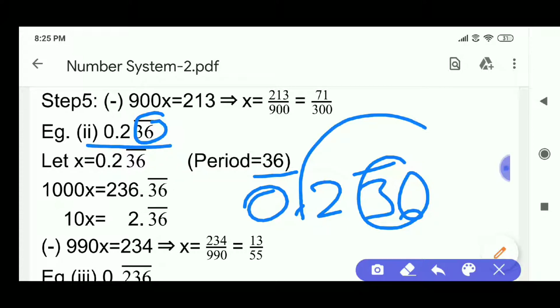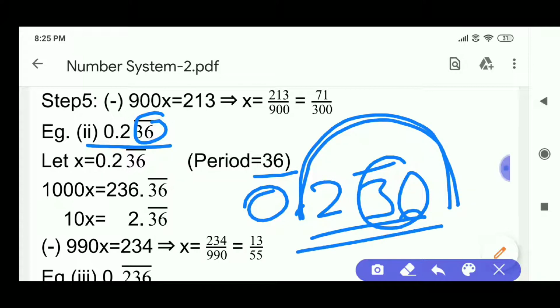So the decimal point should travel here. How many digits should travel to the right side? 3 digits. So multiply with 1000. 1000x becomes 236.36 bar, because the period here is 36.